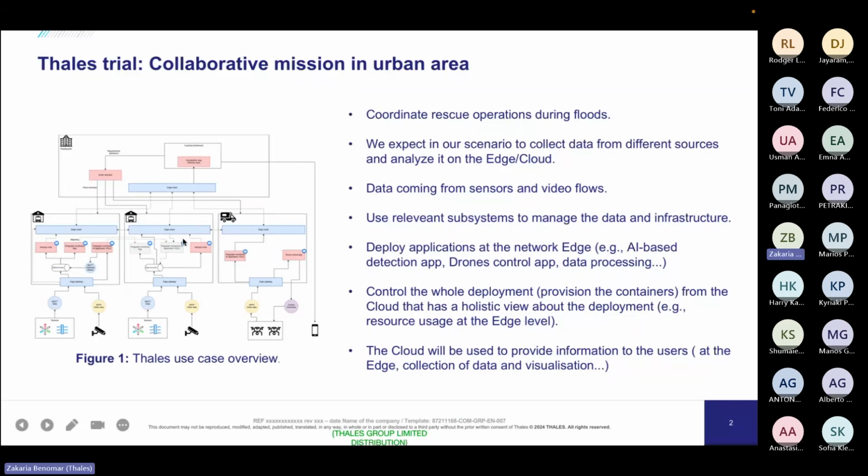The idea, of course, is to control and efficiently manage the edge sites using the cloud, because the cloud has a holistic view of the deployment at the edge and can efficiently provision the applications depending on the latency or the resources that we need.